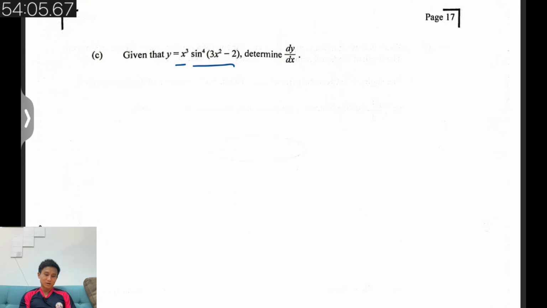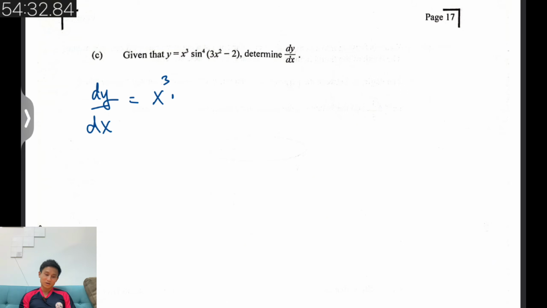So it seems like we need to use the product rule there. dy by dx is, I'm going to do u dv first. So u is just the first one, and for dv we're going to differentiate sine to the 4. Looking at the outermost function, you can go to my video where I go through the simple concept of the chain rule.